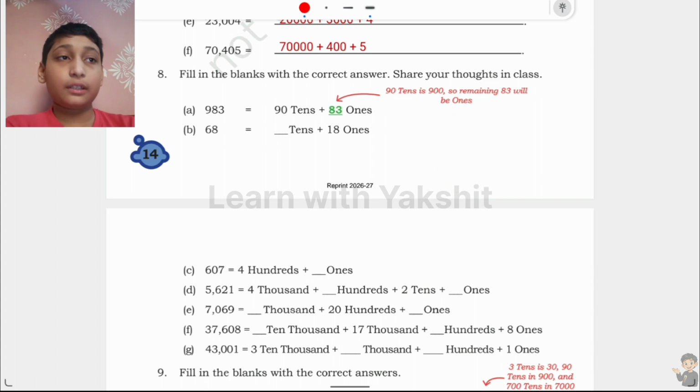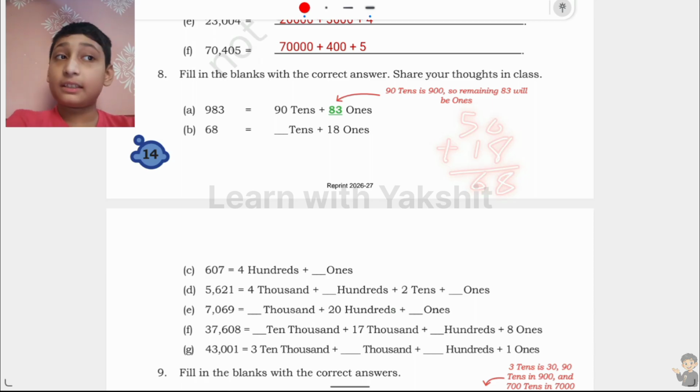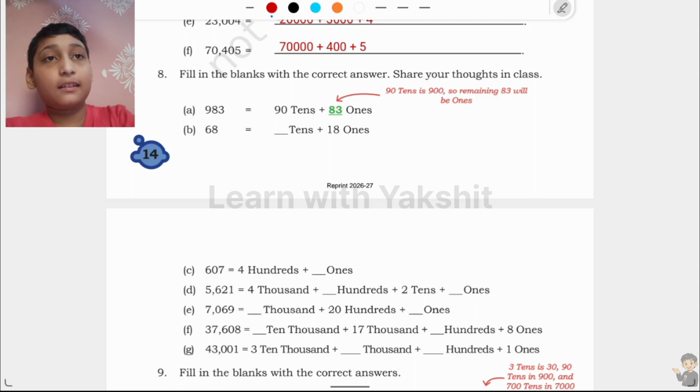But how about you decrease it? 50 plus that. Oh, it becomes 68. Meaning at the tens there will be 5.